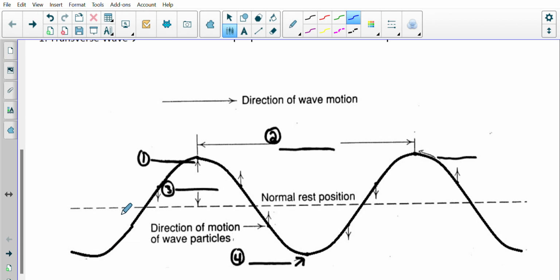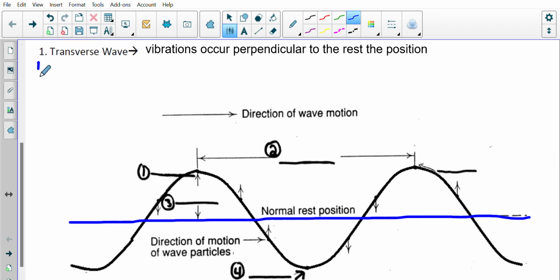The rest position of a water wave is just nice and flat, right? Nice flat water lines. But then the waves move perpendicular, which means at a 90-degree angle to the rest position. So these waves are going up and down, up and down. Compared to the rest position, they're at a 90-degree angle.